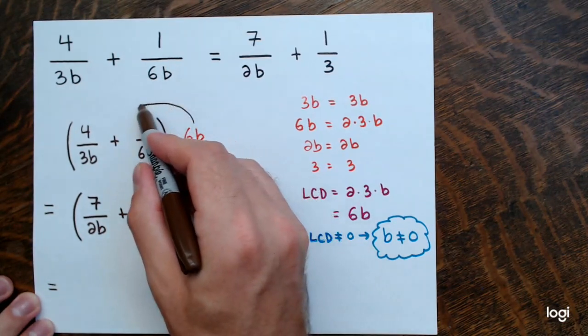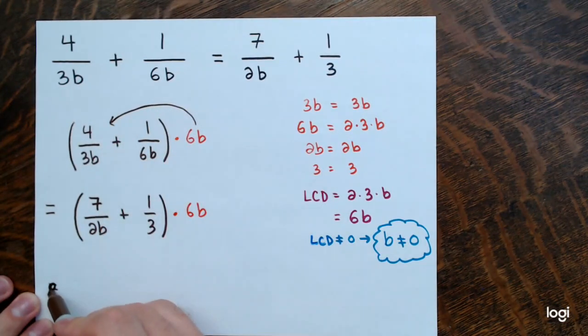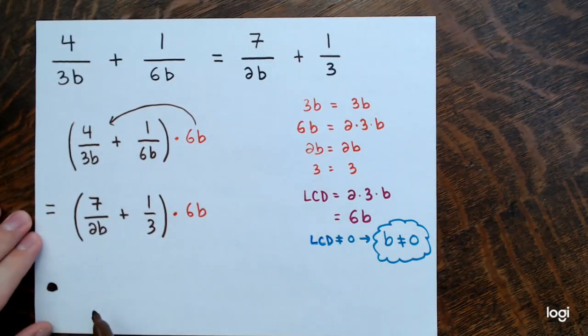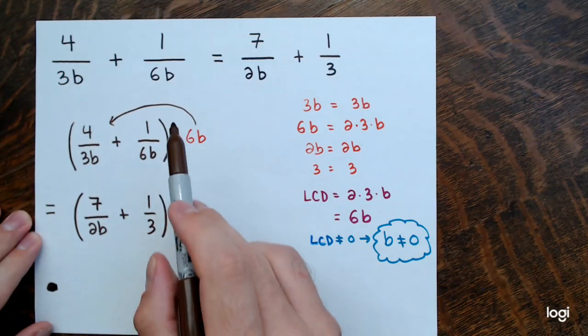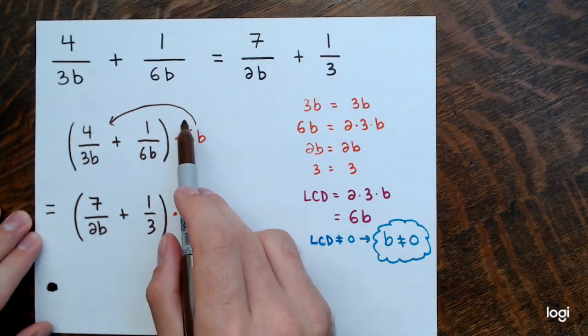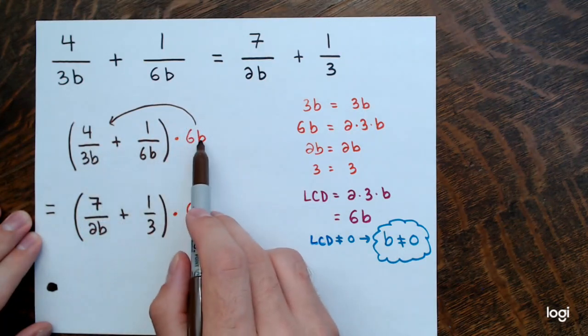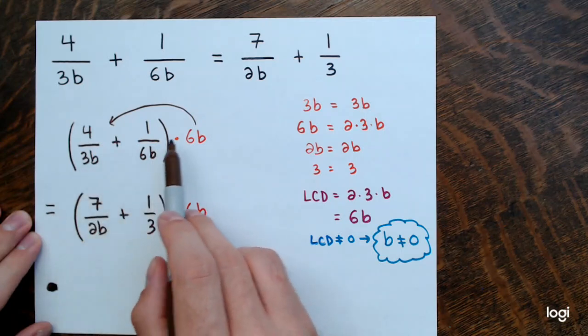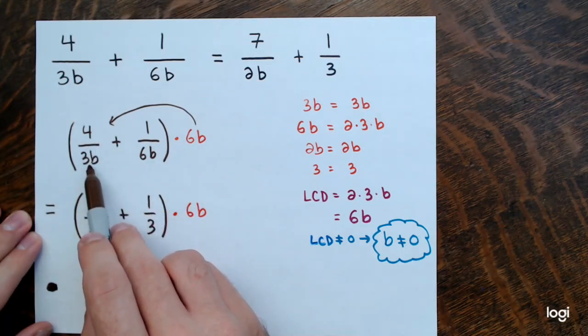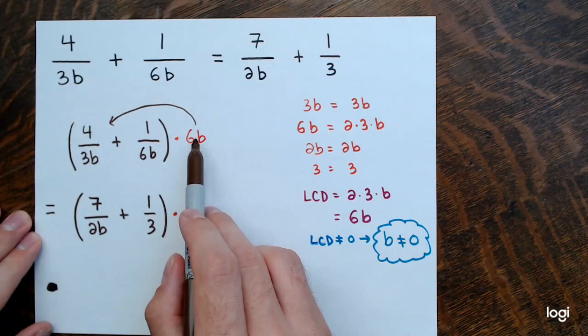When I multiply the left side, oops, sorry, doing the left side first. So not the equal sign yet. Scratch that. So the left side, when I multiply this first term by 6B, when you do 6B over 3B, 3B into 6B would be 2. And you'd have a factor of 2 left over.